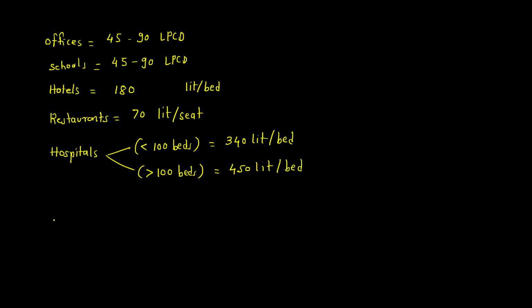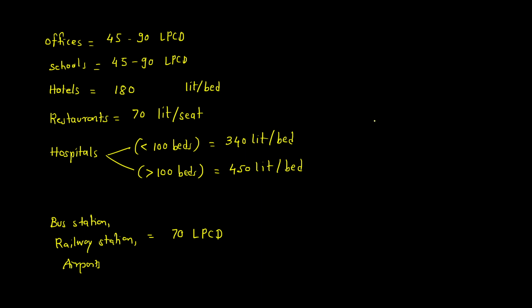And for bus station, railway station, then airports, to calculate the water demand here, you have to take the value as 70 LPCD. Okay, so now I have given you some other values. If you are interested, you can learn this.